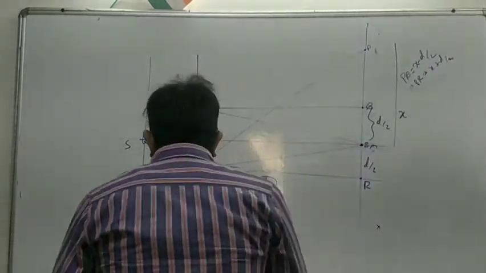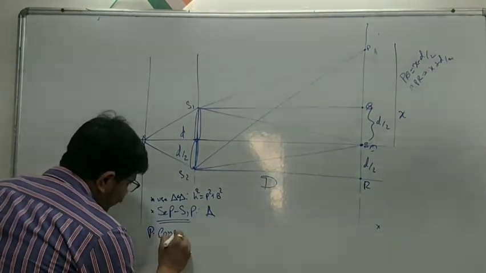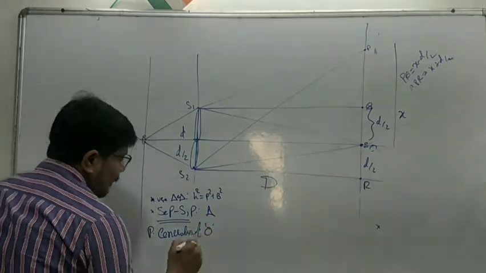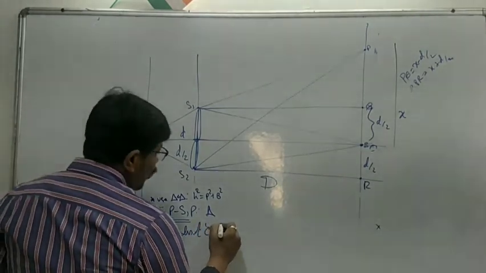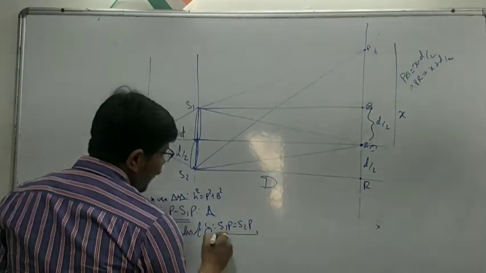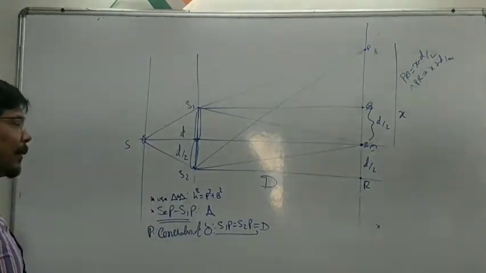You have to consider this when the point P coincides at O. At that time you need to put S1P equal to S2P. This condition you need to use, and this is called up to the capital D.